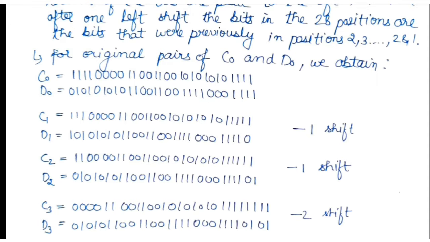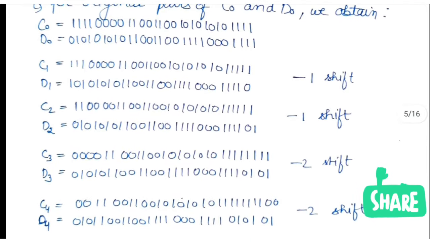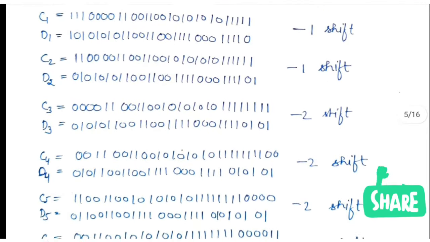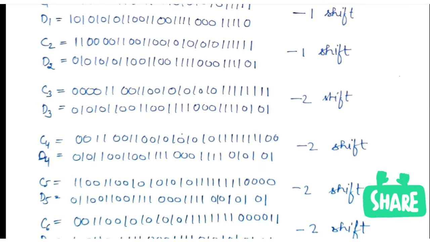That is, we will move the first 2 bits of C2 to the end of C3, and C3 will start from the third bit of C2. Similarly, for D3 we will do the same. We will move the first 2 bits of D2 to the end of D3, and D3 will start from the third bit of D2.